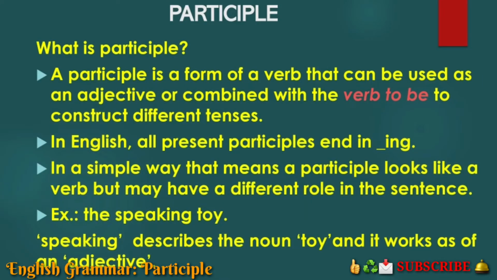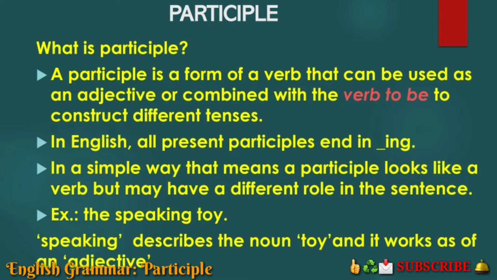Now students, we shall try to understand what a participle actually is. Just now we have studied what is finite and non-finite verb, which will help you to understand what is participle. In non-finite verb we have studied the verb which describes the noun and works as an adjective. That adjective is a participle.